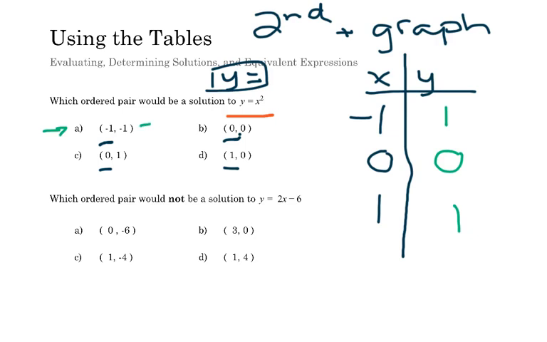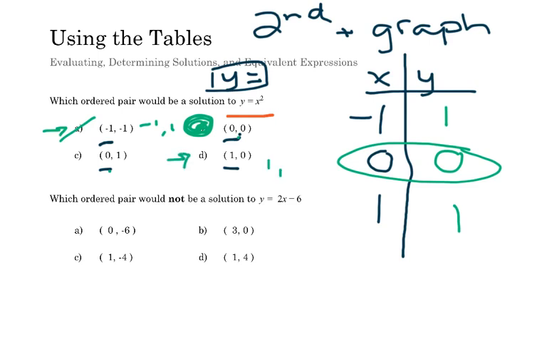I see -1, +1, so it's not that guy. What about 0, 0? I see 0, 0 here, so that is my answer. Okay. Can't be 0, 1 because it was already 0, 0, and it's not 1, 0 because it's 1, 1 in the table. Okay.